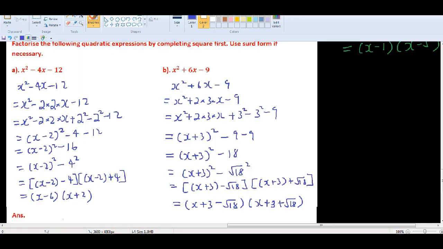For the first one, okay, basically the first part is just like the completing square. So from here is the factorization.